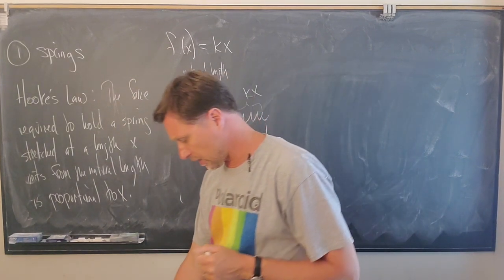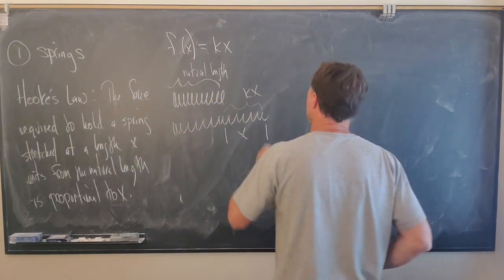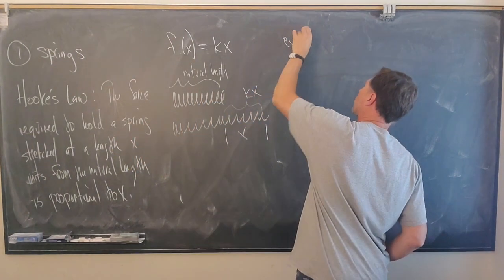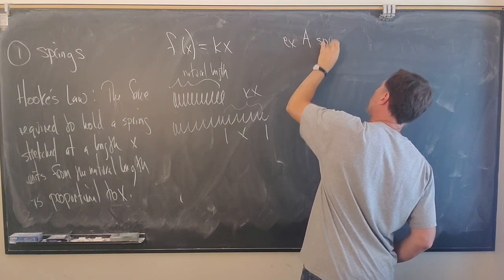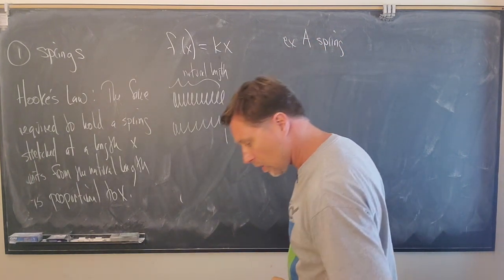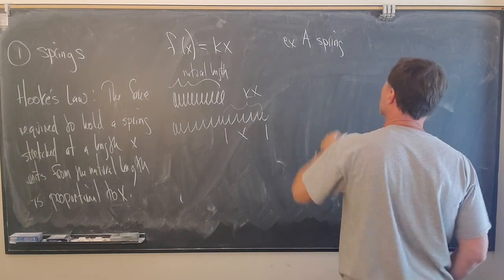Okay, so let's just try an example now. A spring has natural length 20 centimeters.